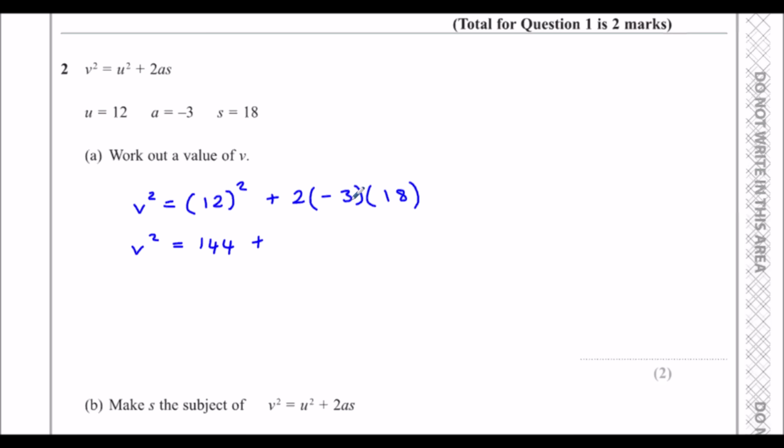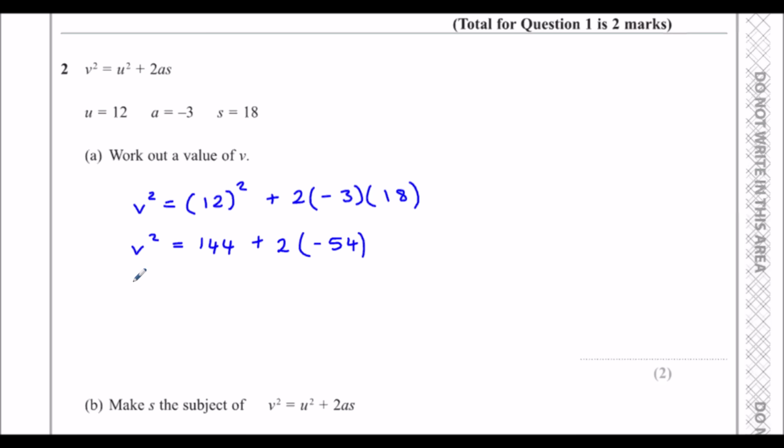If we do the -3 times 18 first, 3 lots of 18 is 3 lots of 10, which is 30, and 3 lots of 8, which is 24. So 54, and it's a positive times a negative, so -54.